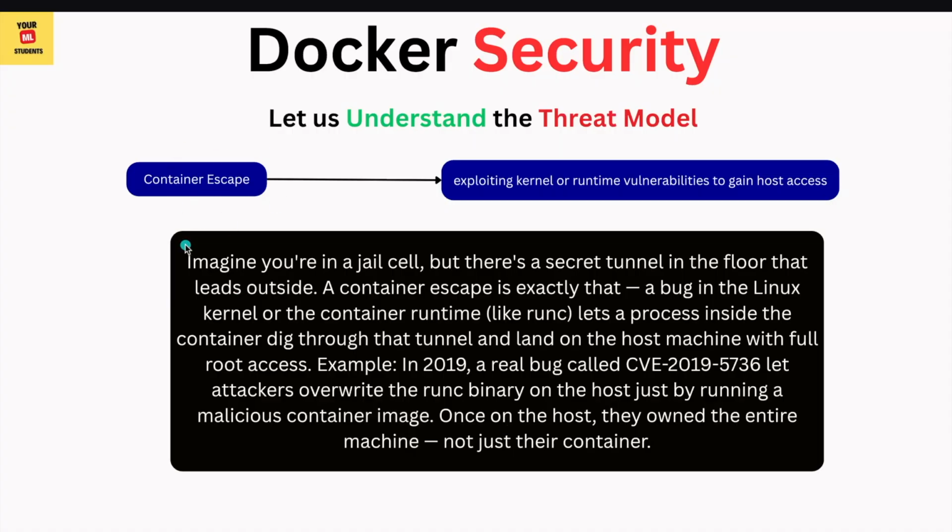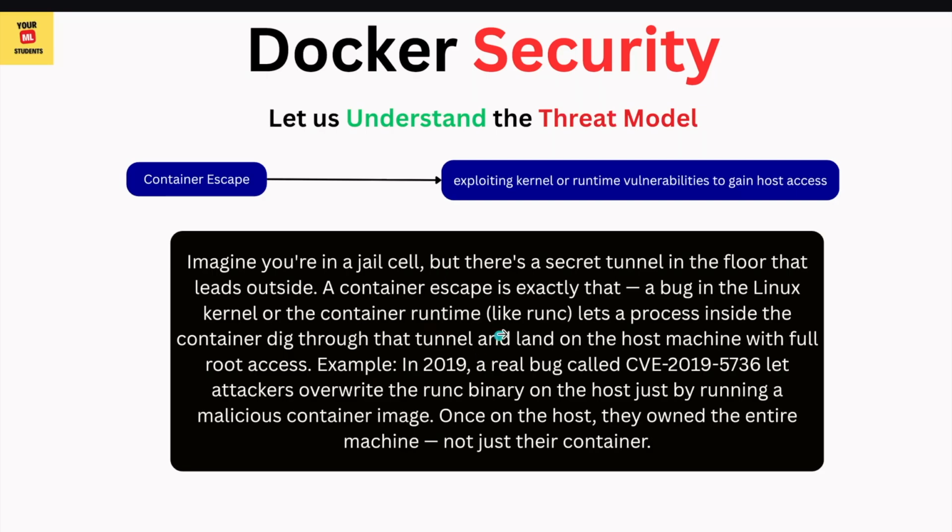Container escape is simply exploiting your kernel or runtime vulnerabilities to gain host access. Because of that bug, they owned the entire machine. So this is the threat model, container escape.